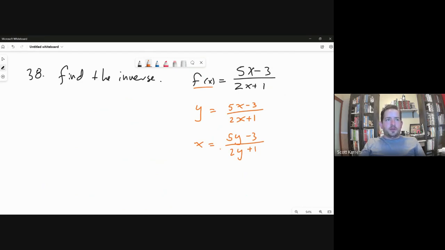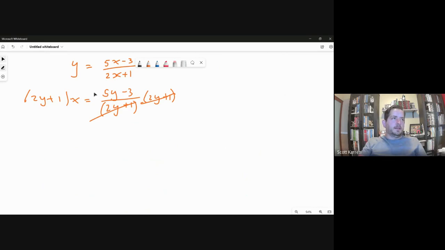So the first thing I want to do is get this 2y plus 1 out of the denominator, and I do that by multiplying by 2y plus 1, which of course, if I multiply the right-hand side by it, I have to multiply the left-hand side by it as well. But it cancels on the right-hand side, and I get 2y plus 1. I'm going to distribute this x through because I don't want the parentheses over here.